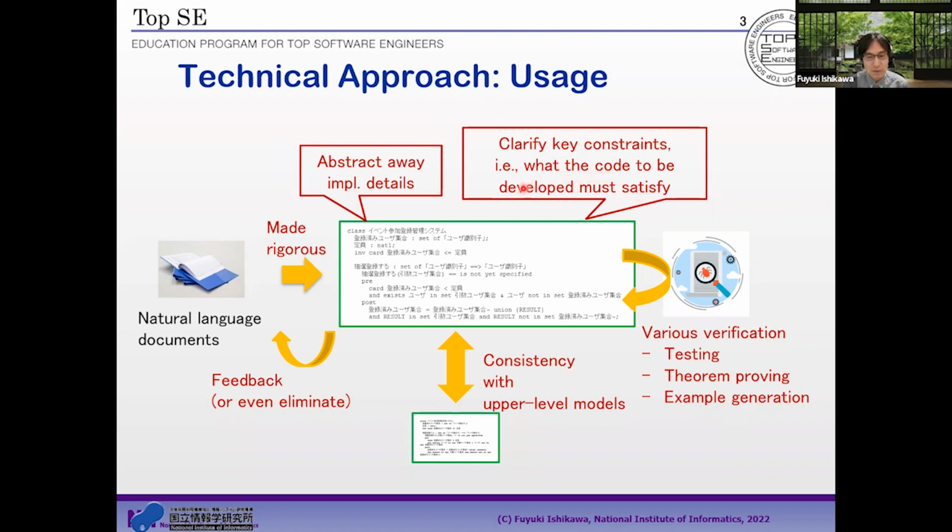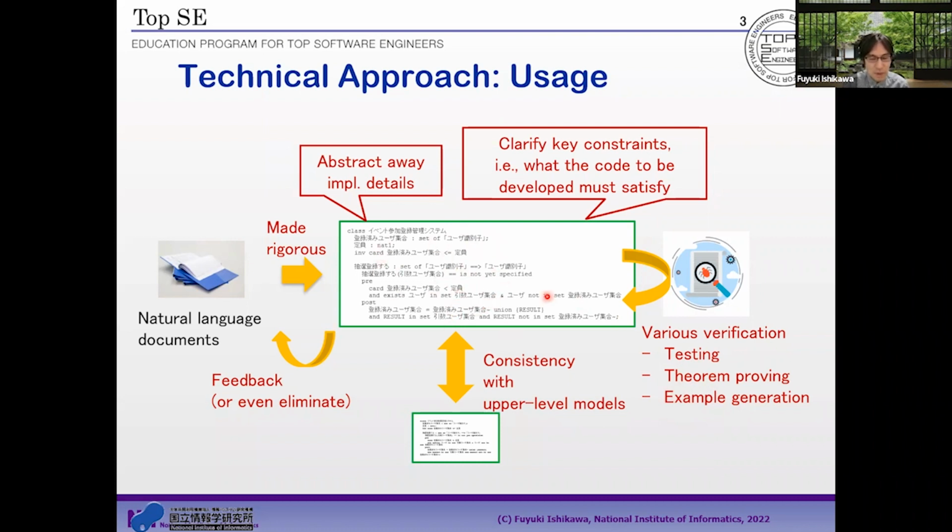So that's the specification. Then we have a machine processable formal description with clear semantics. Then we can use various kinds of verification techniques. So we can run a simulator of this kind of specification to do testing. We may do mathematical theorem proving to give strong assurance. Or we can even generate examples that satisfy the specification.